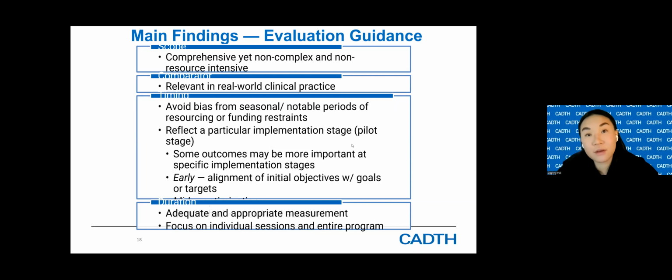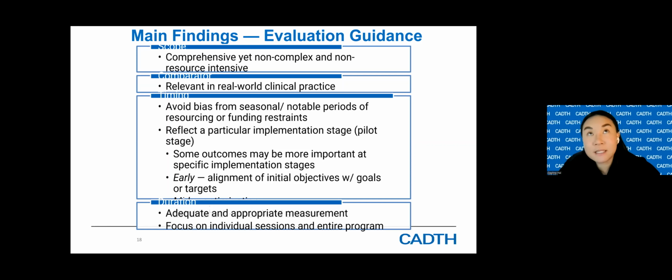And if the timing of the evaluation is not long-term, then it should be specific to a particular implementation stage of virtual care. So for instance, to reflect an earlier stage, such as a pilot project. So in relation to this, some outcomes may be more important at specific times. For instance, if it's an early evaluation, then outcomes could measure the alignment with initial objectives and goals and targets.